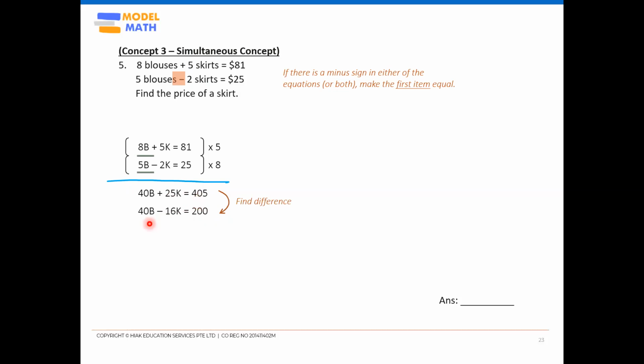So we shall work that out together. When I find the difference between these two, this is gone, this is gone, right? And now I got to work out the difference between this 25K and minus 16K. Now you have to see this as minus 16K, not just 16K itself, because there's a minus sign in front. So things change.